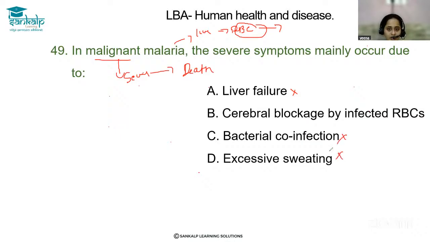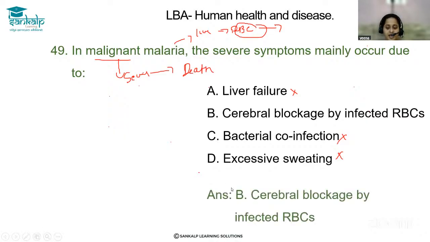Excessive sweating is also not correct. Here it is blocking the cerebral part by infecting the RBC cell. So that is the correct answer. So option B is correct, cerebral blockage by infected RBCs.